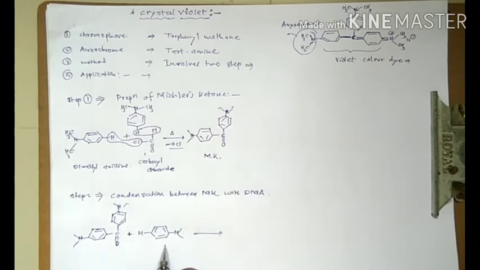What happened here, it is a simple abstraction of this para hydrogen by the lone pair of electrons of oxygen. So simple abstraction, and therefore there is a formation of carbon carbon bond between the carbonyl carbon and the carbon at 4 position, isn't it? And it becomes OH.